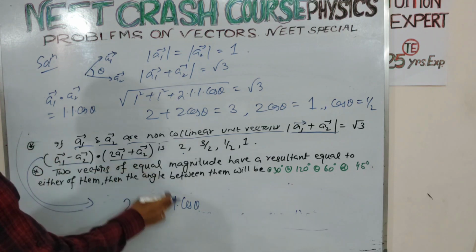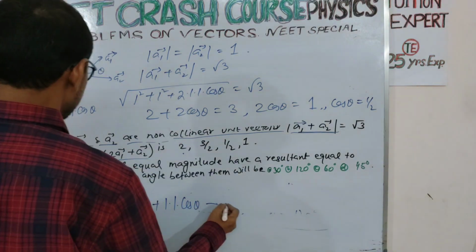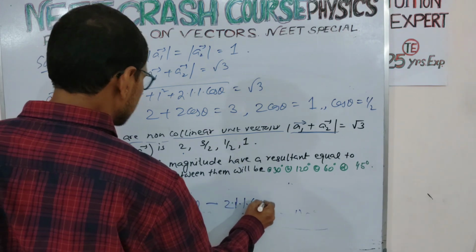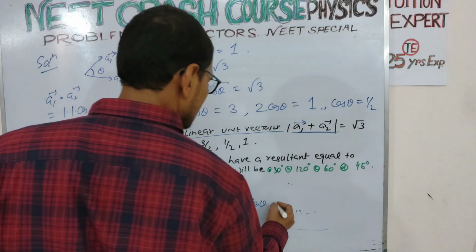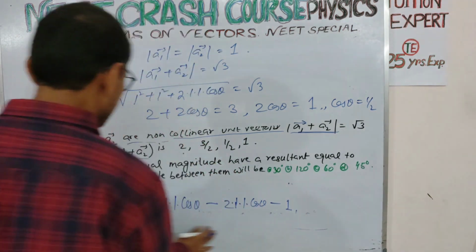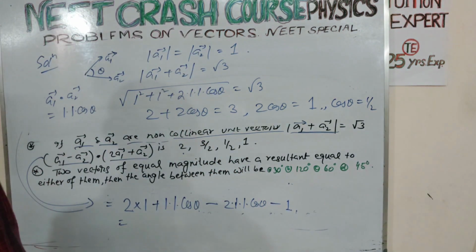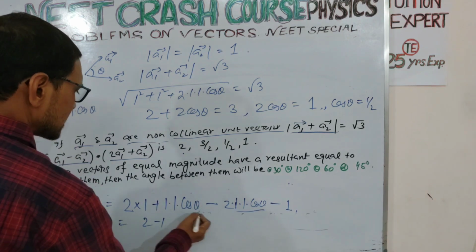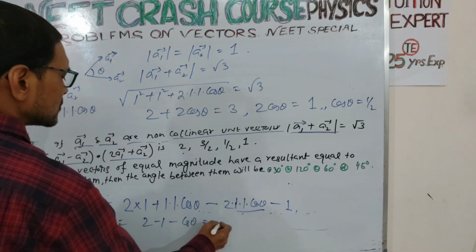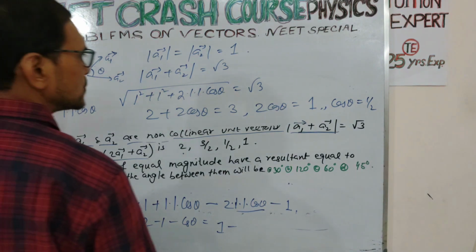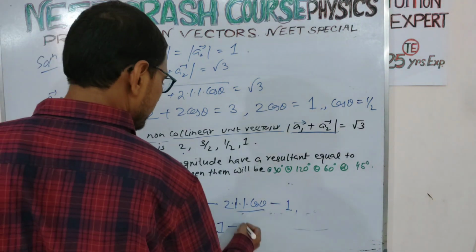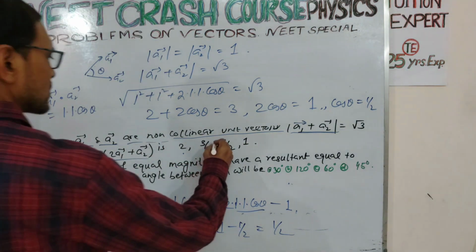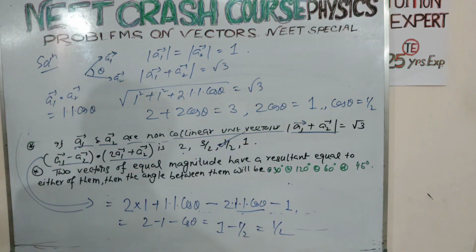So we write cos theta minus 2 a1 dot a1, which is 1, minus a2 dot a2, which is also 1. Now put minus cos theta: 2 minus 1 and minus cos theta. Minus cos theta equals minus half, so the answer is half.